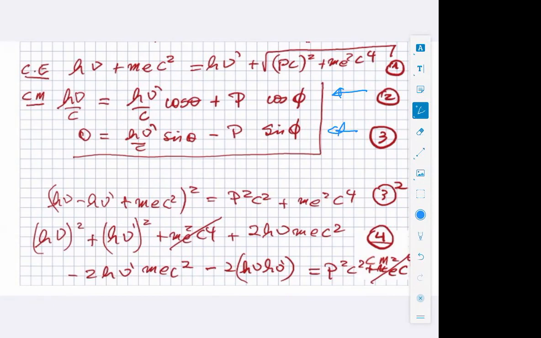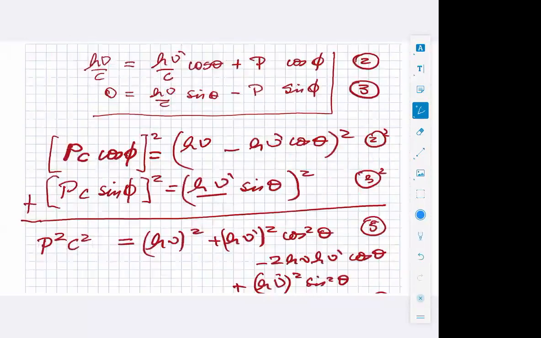What I could do is eliminate the angle first. How? By squaring these terms. But before doing that, I have to bring this term to the other side and that term to the other side, and then square these two. That's what I've done here.